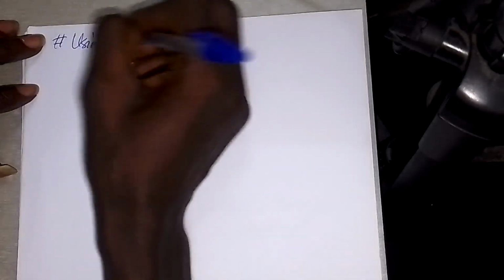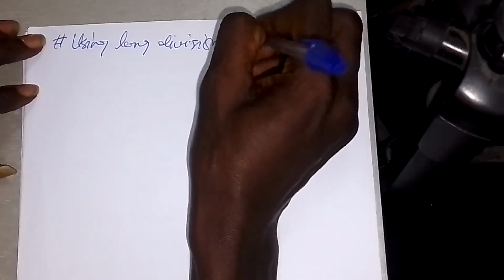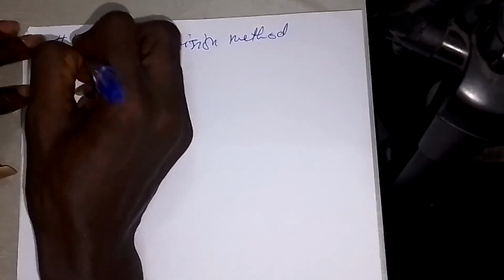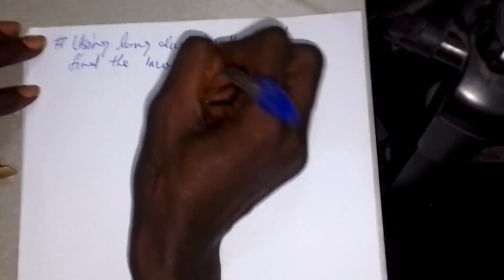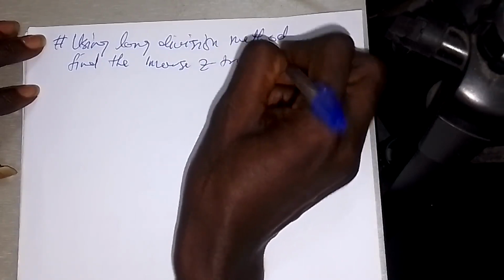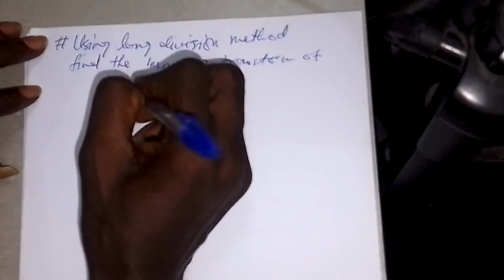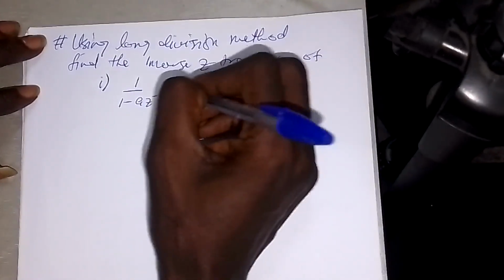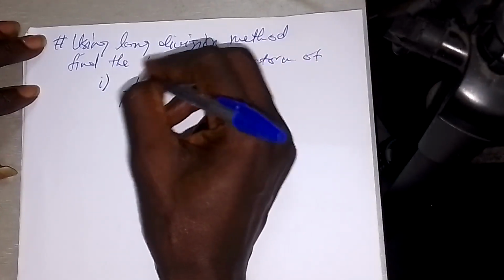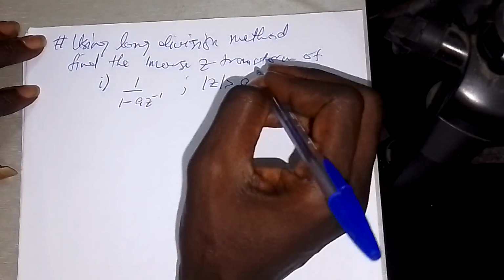So using the long division method, find the inverse z transform of: I, 1 over 1 minus a z to the minus 1, and the ROC for this z transform is mod z greater than a.